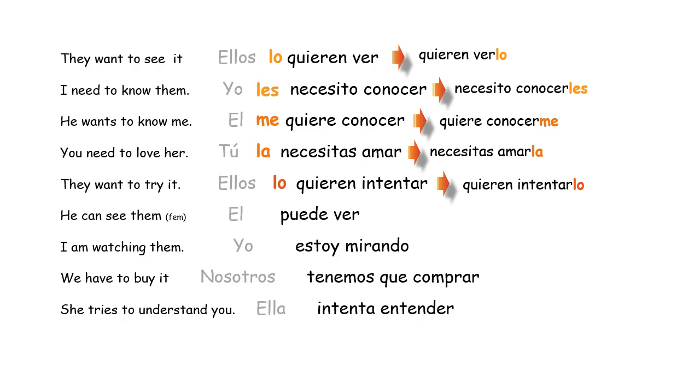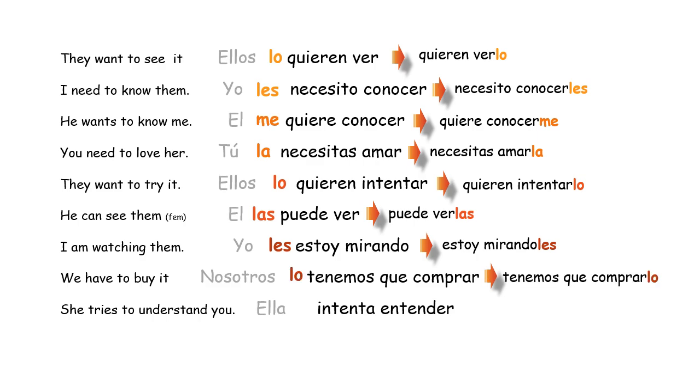Or he can see them, feminine. Las puede ver o puede verlas. I'm watching them. Les estoy mirando o estoy mirándoles. We have to buy it. Lo tenemos que comprar o tenemos que comprarlo. She tries to understand you. Everybody tries to understand me.